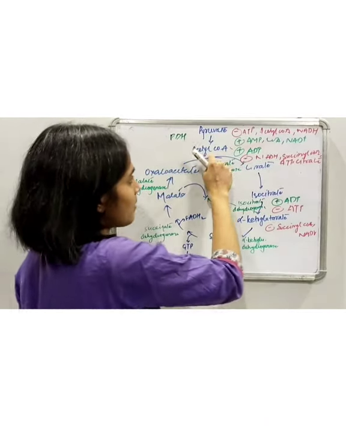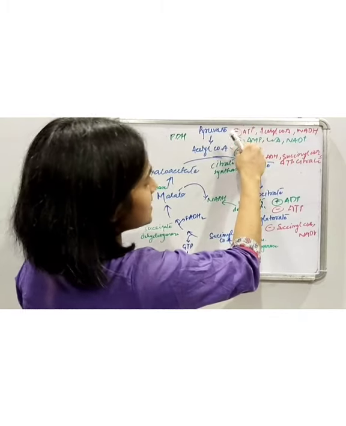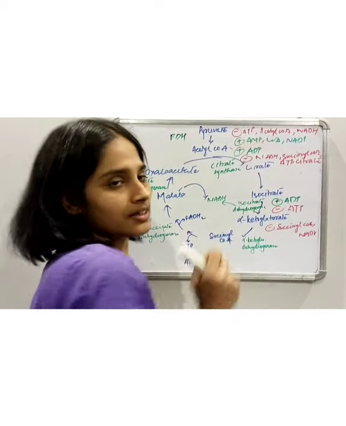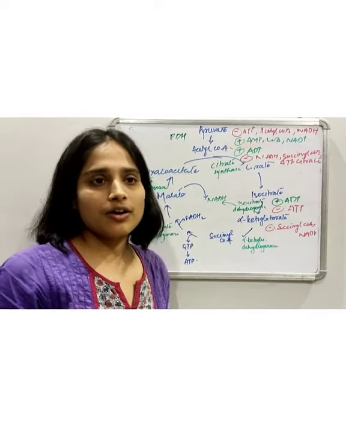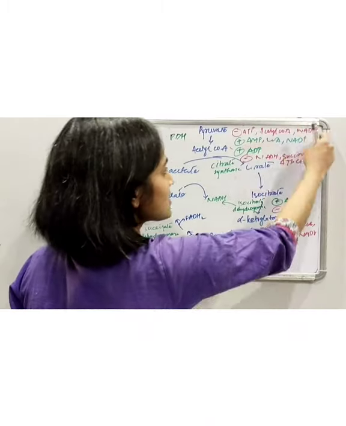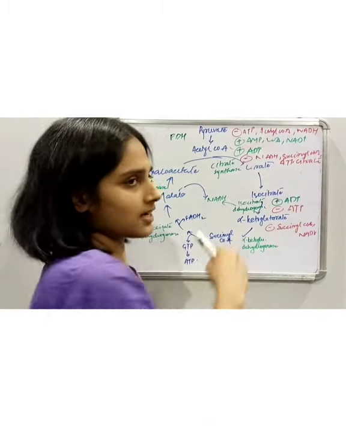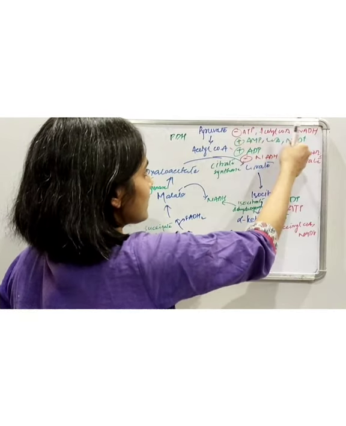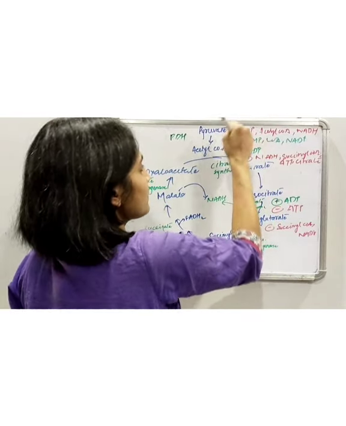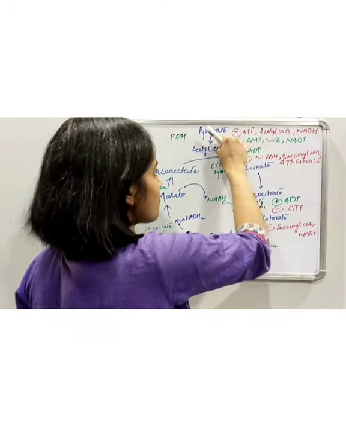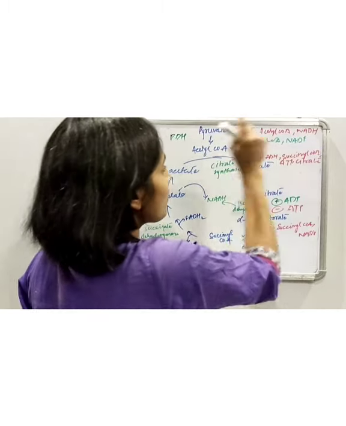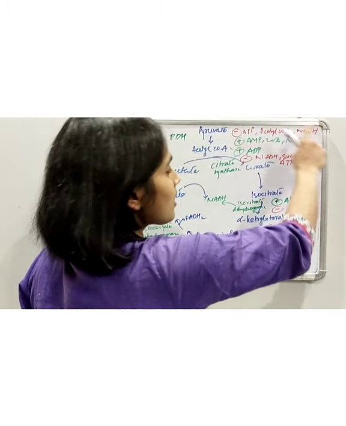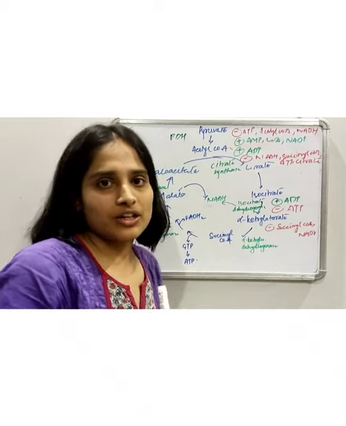Here the plus and minus signs, the positive ones, indicate the activators, so the presence of these molecules within the cell cytosol will increase the speed of conversion of pyruvate to acetyl coenzyme A, while the minus ones are repressors. So the presence of these will slow down the speed of this reaction.